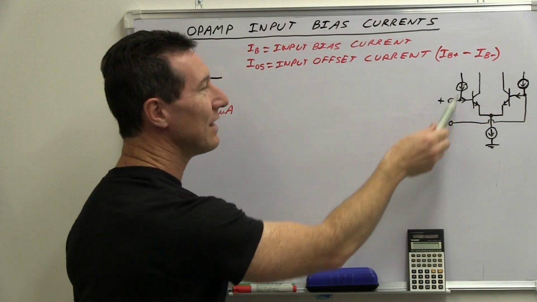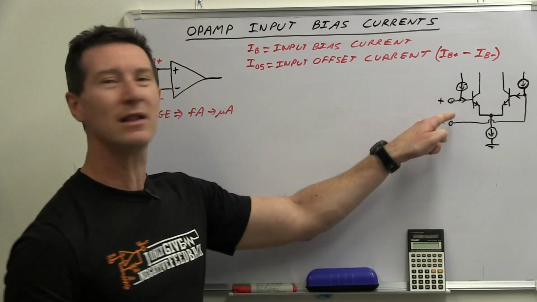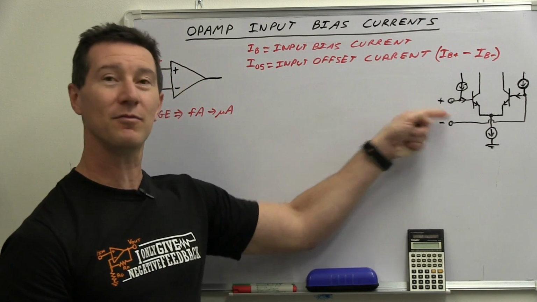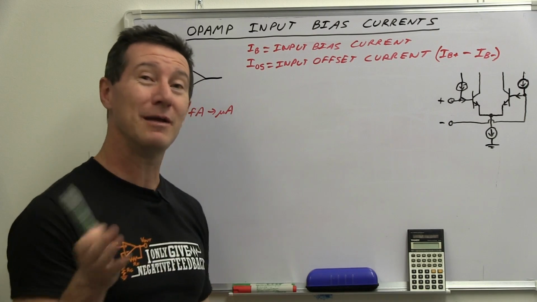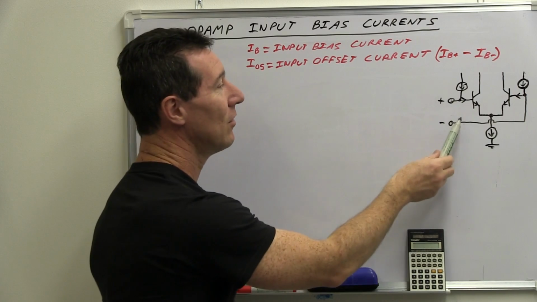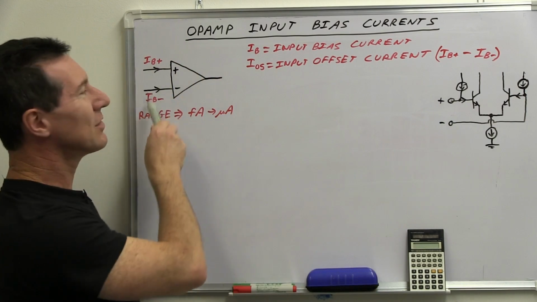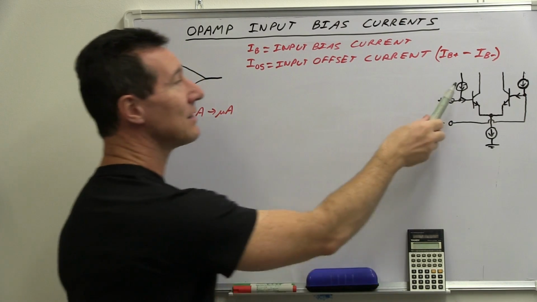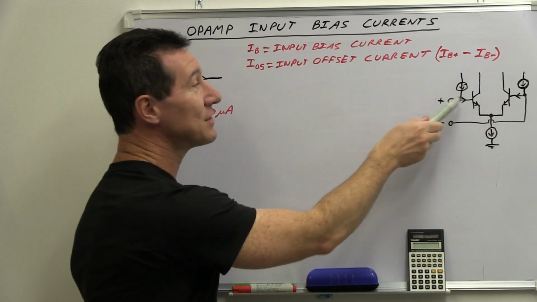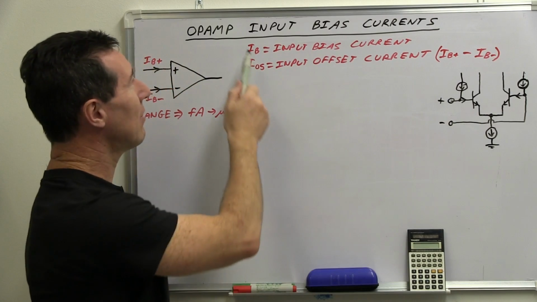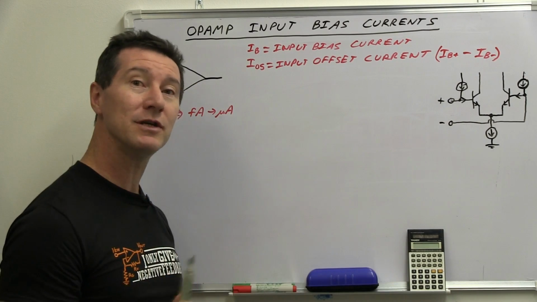So in theory, it cancels it out and you can get very low input bias currents, but not zero. In practice, you can never get down to zero bias current. So every practical op-amp, even if it's input bias compensated, is going to have some form of input bias current, or IB, and it'll be mentioned in the data sheet.